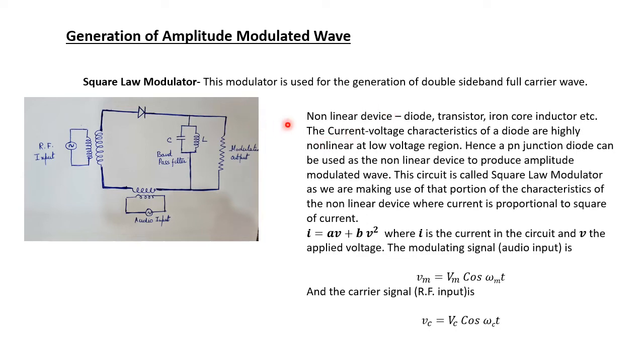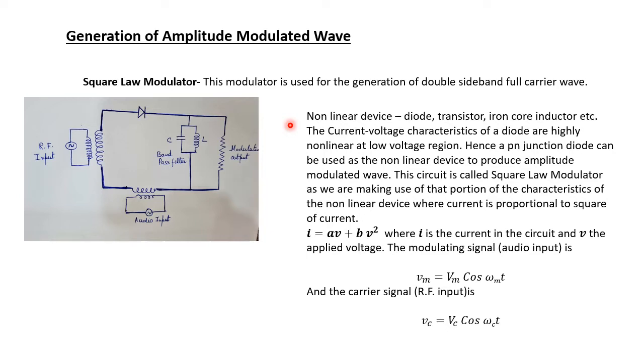In this square law modulator, we make use of an electronic device whose characteristics depend upon a square law. Or in other words, we can say that we use an electronic device in which the current is directly proportional to the square of applied voltage.